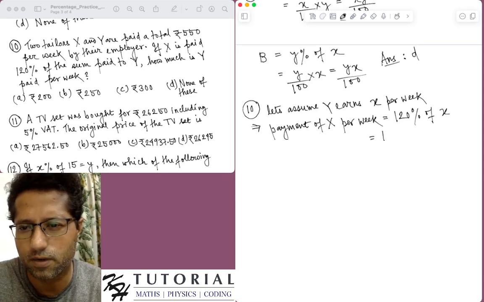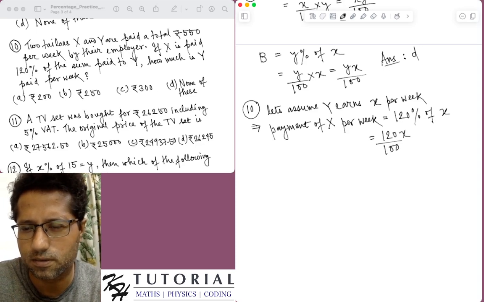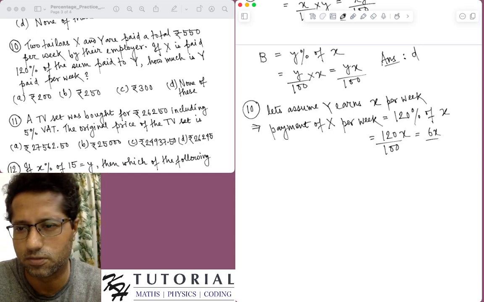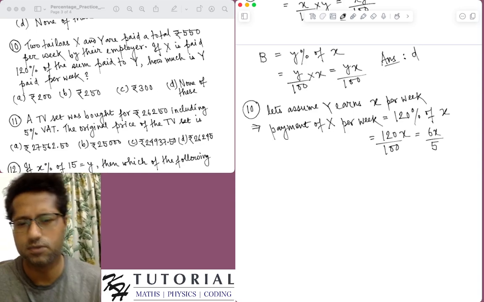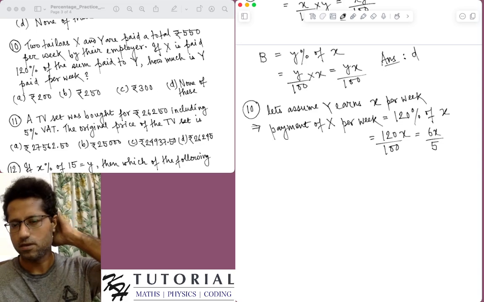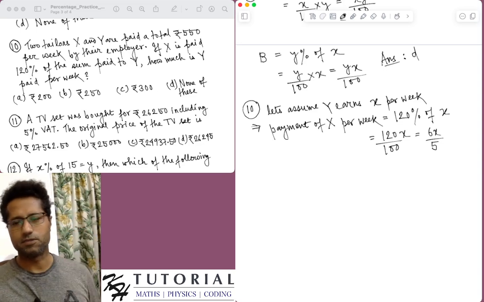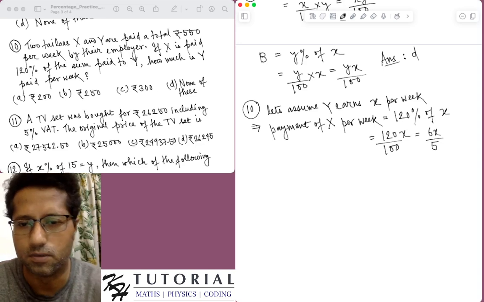This is 120 by 100 into x, and if we simplify 120 by 100, this is 6 by 5. So this is 6x by 5. This is what is being paid to X, and Y gets paid x, that we have assumed.